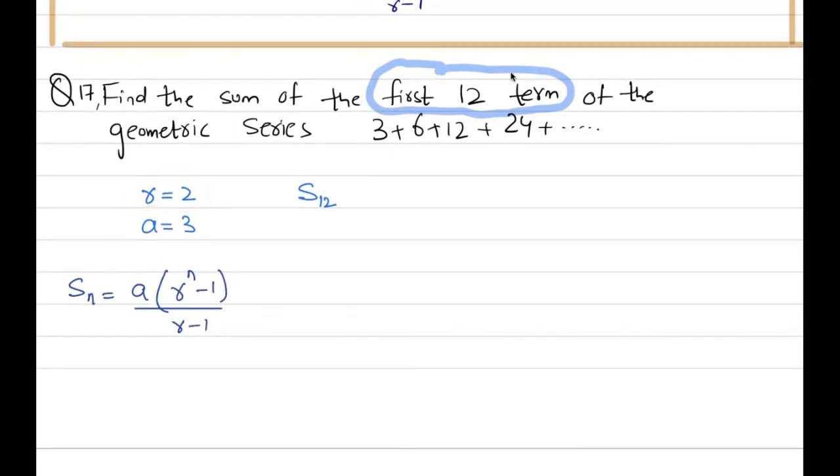So S12 is going to be a, the first term, that is 3, the common ratio is 2, 2 to the power of 12 minus 1 divided by 2 minus 1. Now you can use your calculator to evaluate the result. 2 to the power of 12 minus 1 times 3, 12,285 divided by 1, that's going to be 12,285.